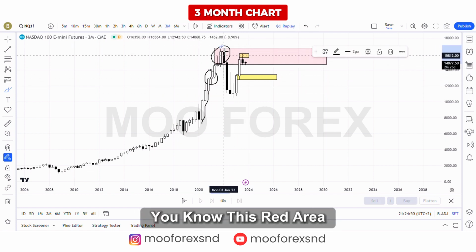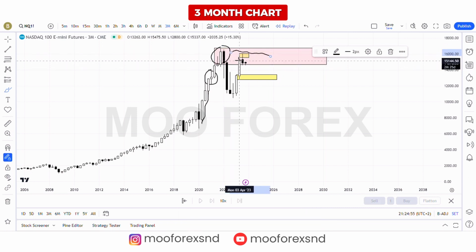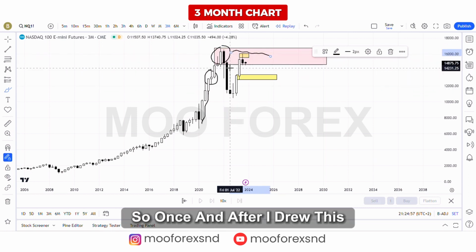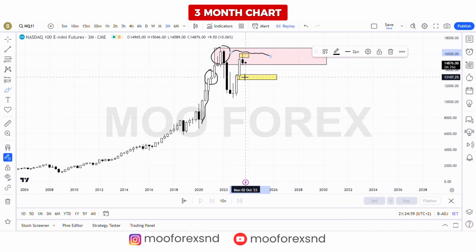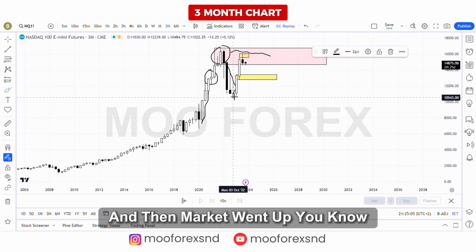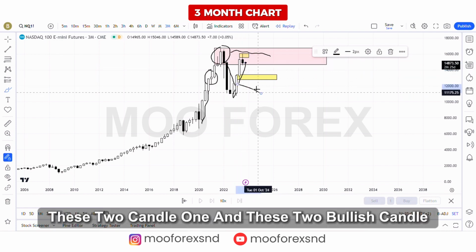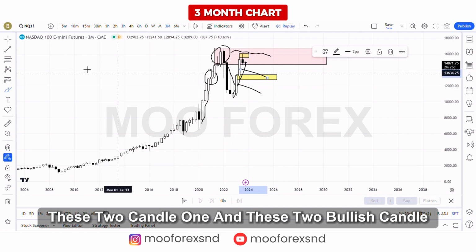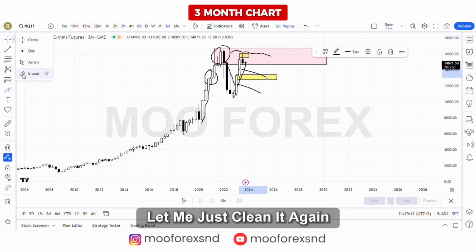this red area. So I drew this. And after I drew this, once the market fell here and then went up, I also took these two bullish candles.